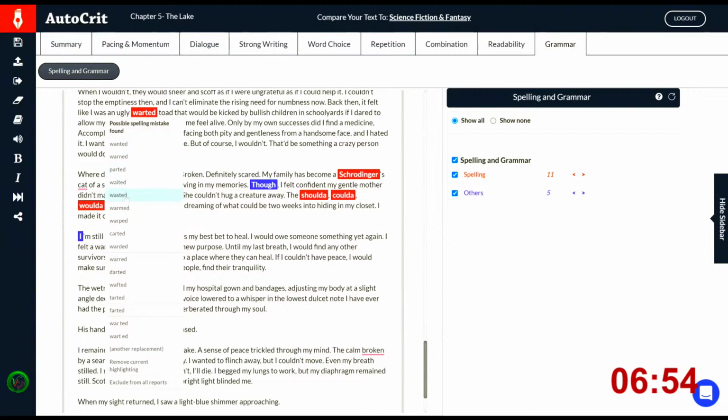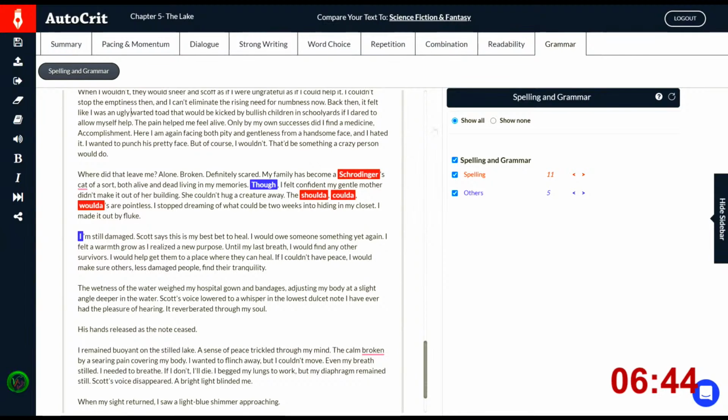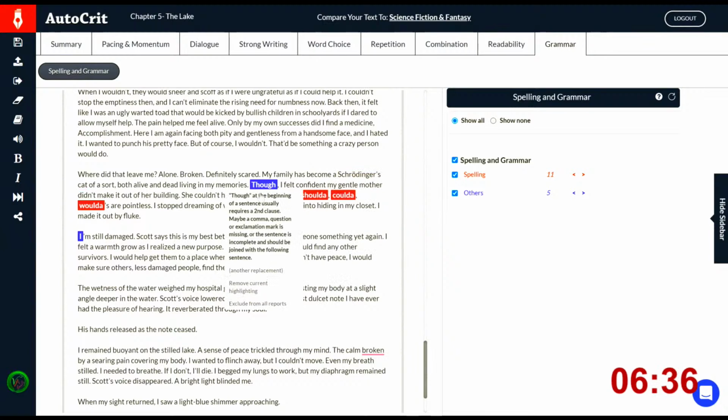I'm surprised it's not showing up here as a thing, so we will exclude from the reports because this is definitely okay. And shockingly enough, Schrodinger. Oh, it wants to umlaut things on top. I'm terrible at spelling. 'Though' at the beginning of the sentence usually requires a second clause.